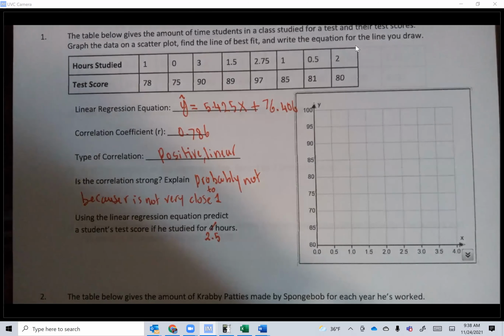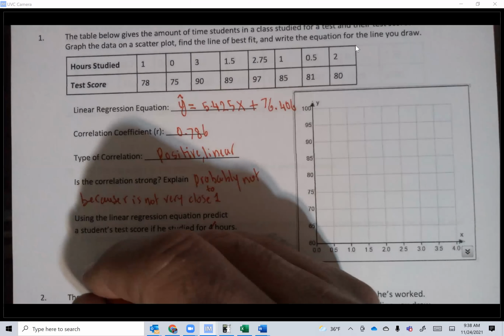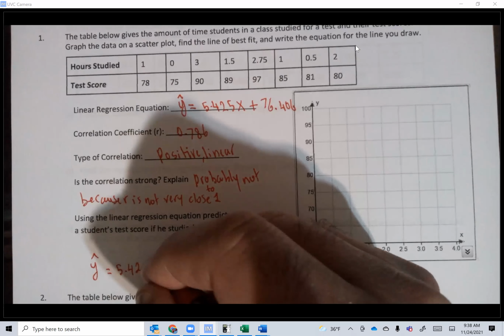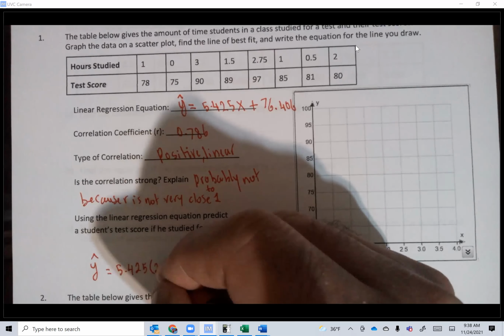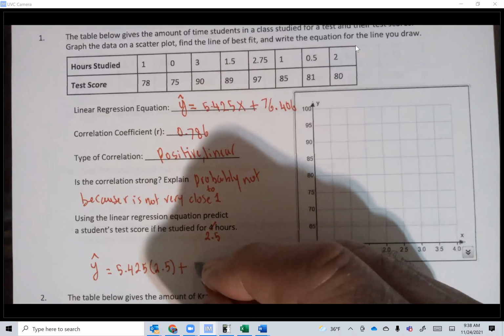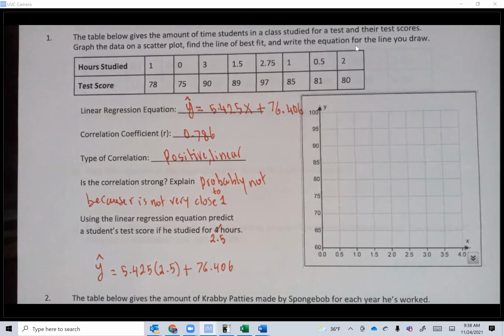So if he gives you the x value, guys, you just plug it in. So y hat will be 5.425 times 2.5 plus 76.406. Okay, let's put that on the calculator and figure this out.